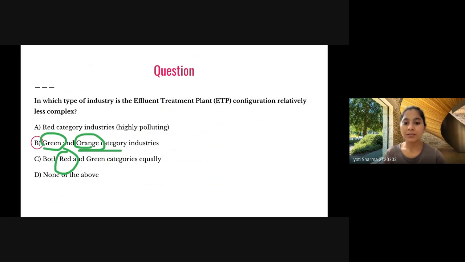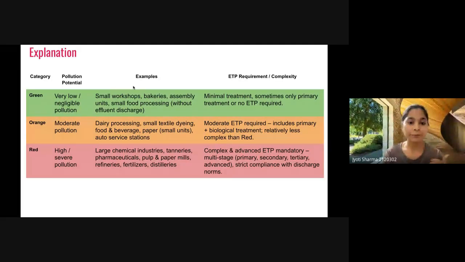So based on that, even the ETP, that is the effluent treatment plant configuration, will be less complex. Let me show what industries come under red, green, and orange. So yes, the answer was B only.